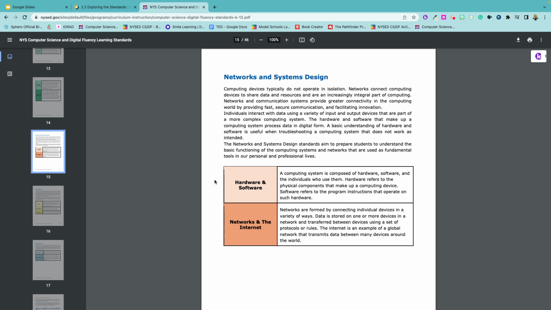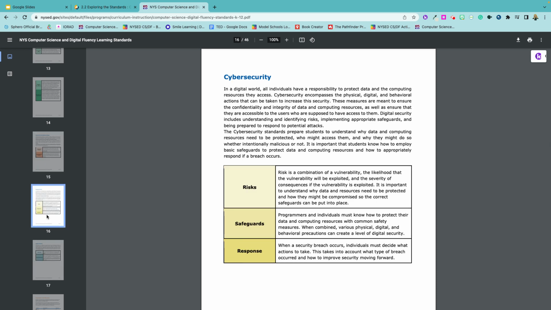We're thinking about how our data is stored and how it's inputted and how it comes out, and thinking about the complex functions of a computer. Hardware and software is the first sub-concept area. This is those physical components. And then we're talking about the programs that we run on those physical components. And then networks and the internet is really thinking about how we are connected and how data is stored and transferred.